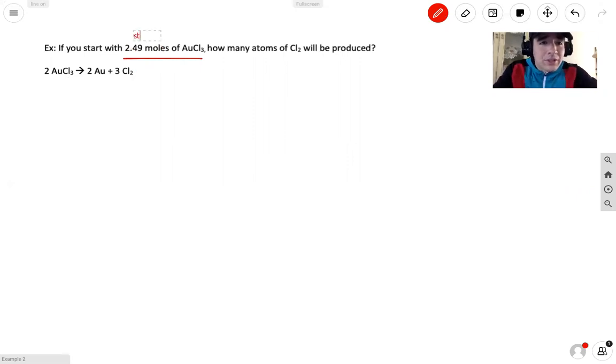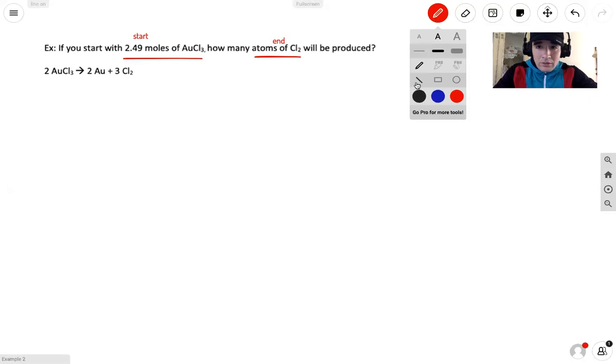So we're starting here at 2.49 moles of gold trichloride, and we're ending in atoms of dichlorine. So I will have to use a molar ratio at one point to convert from this substance to this substance. So let's go ahead and jump into it.